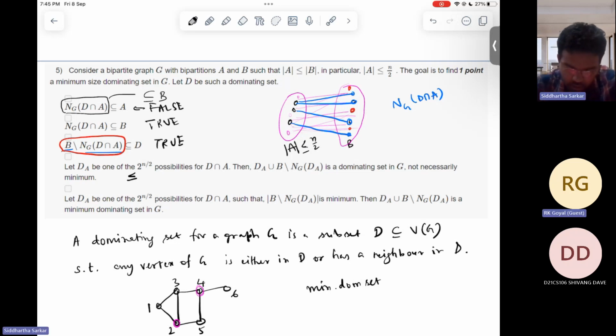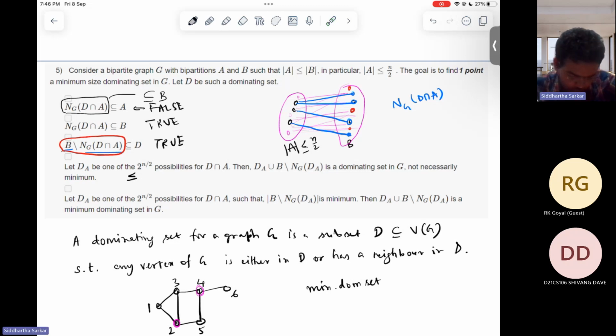So let me redraw the figure, or maybe this figure is sufficient. So let us say that dA is these black vertices. So this set of black vertices is dA. So it is a subset of the dominating set. Okay. So maybe there are other vertices in the dominating set.